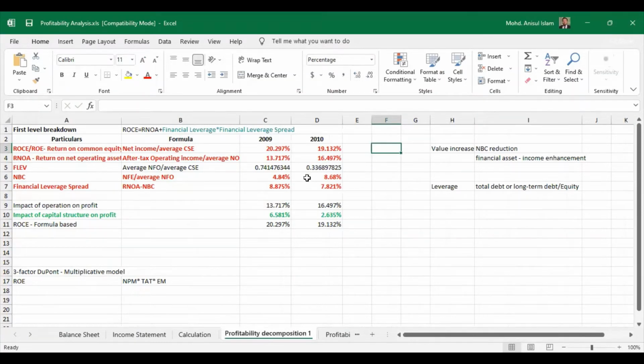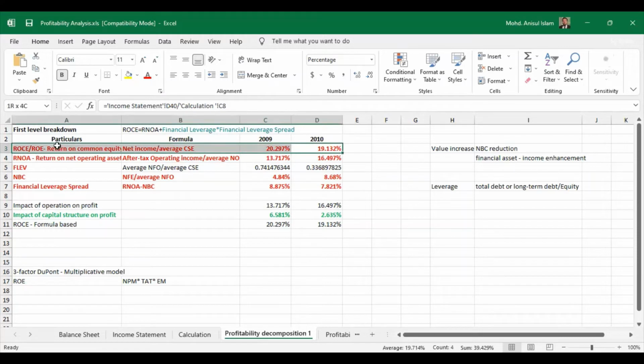So what does it indicate actually? Out of 100 taka investment as equity, this company has generated 20 taka plus for equity holders in 2009, and in 2010 it has generated 19.13 taka. Okay, so up to this, there is no difference between the DuPont analysis and the spread analysis.